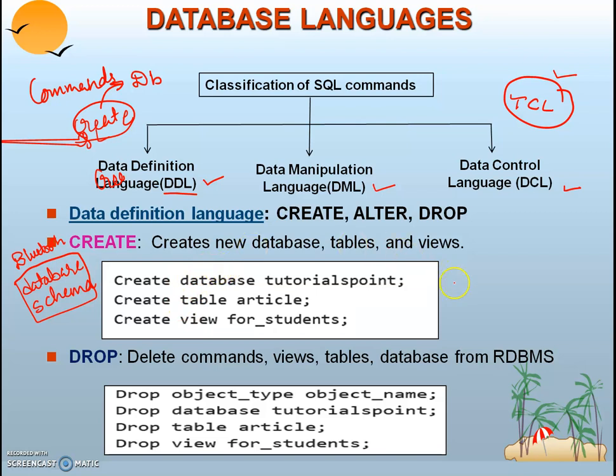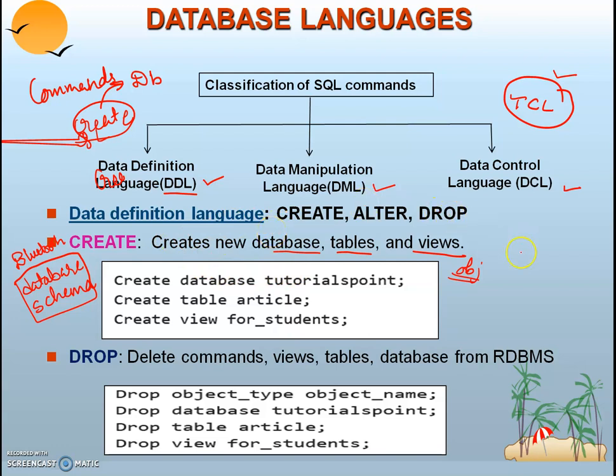So what are the different database objects we have? A database object can be a database that you're going to design, or it can be a table, a view, etc. DDL is a set of SQL commands used to create, modify and delete the database structures, but not the data.